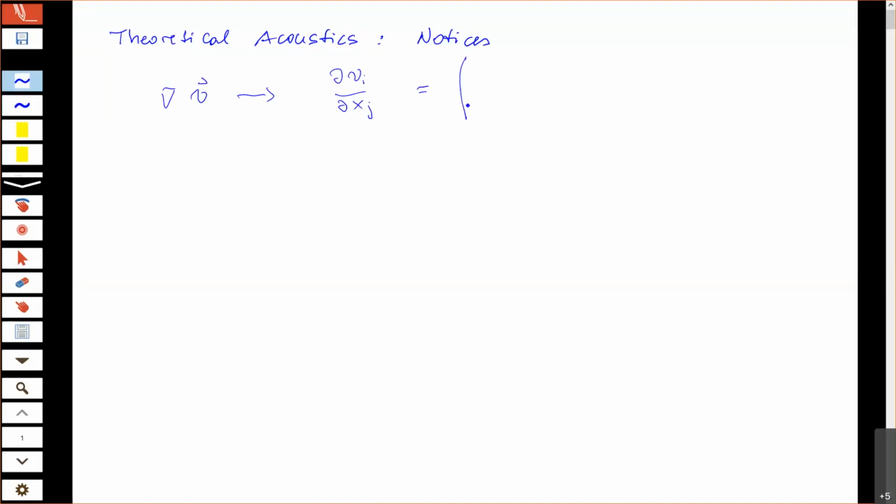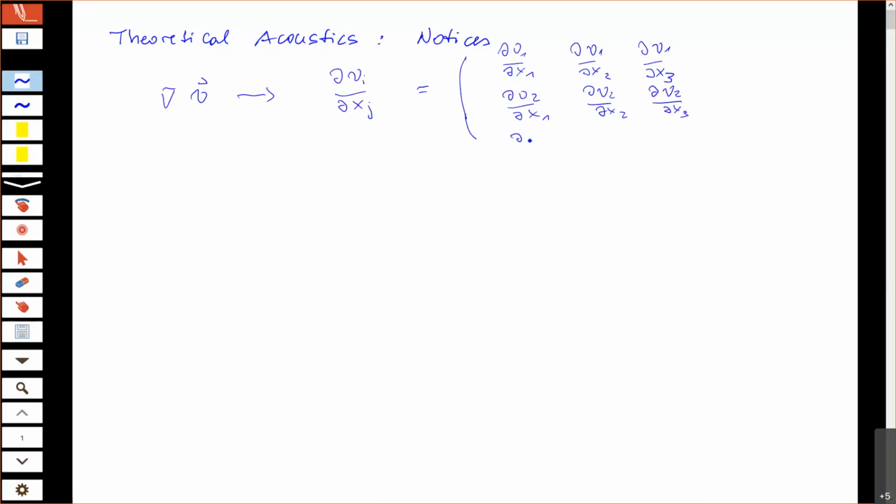So what we have here is dv1/dx1, dv1/dx2 and dv1/dx3. Now we take i equal 2, so we have dv2/dx1, dv2/dx2 and the second component's partial derivative with x3.